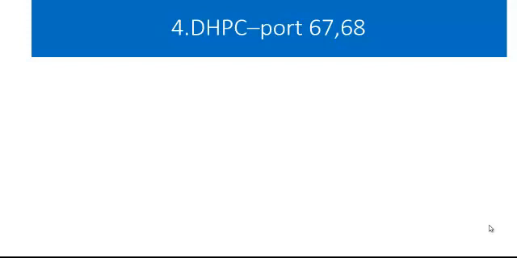Your laptop will get an IP address, subnet mask, and default gateway from the DHCP server, and that's how it works. It handles the IP address, subnet mask, and all those things. So there has to be a DHCP server somewhere in that network.